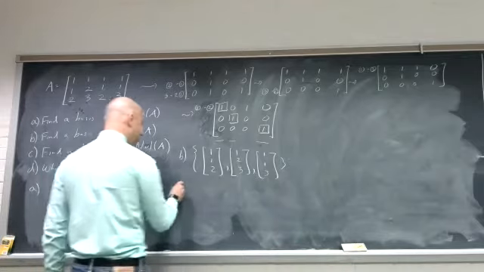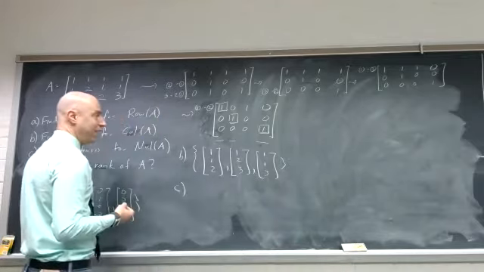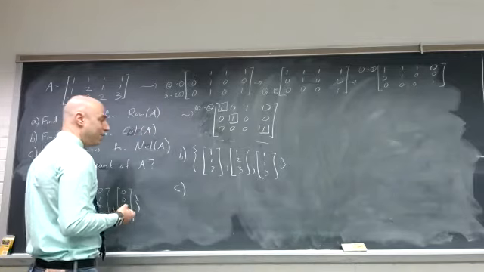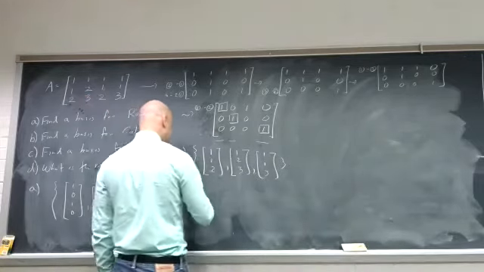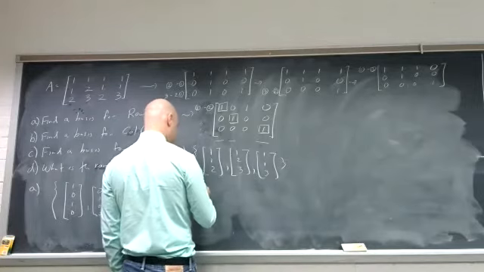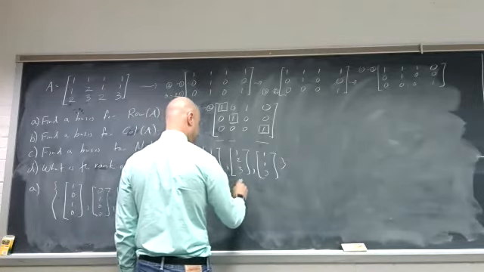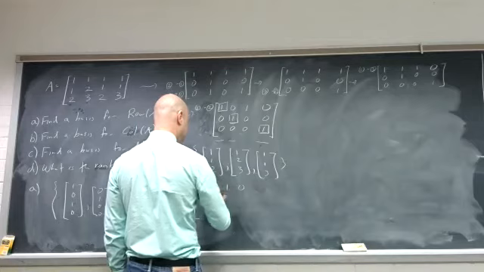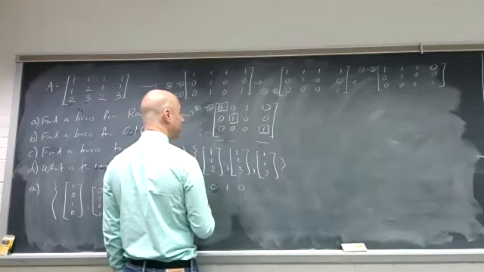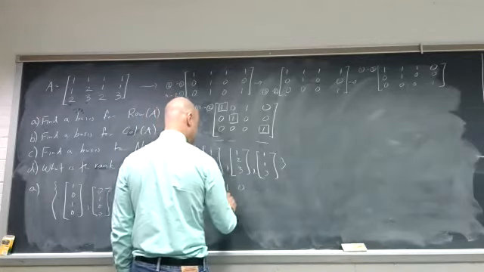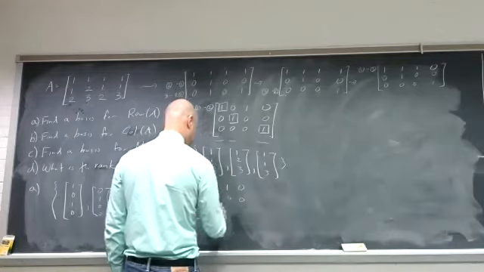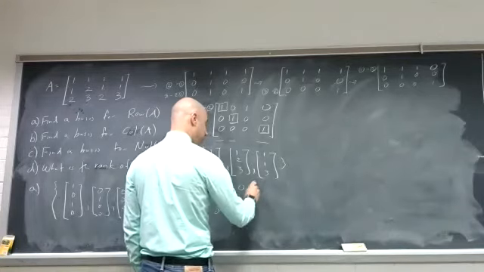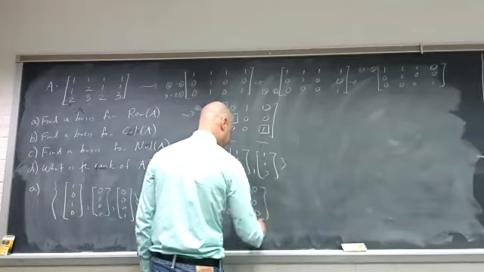So for C, we have to do a little bit more work, but we've done most of the work already. Basically for C, I have my reduced echelon form matrix: 1, 0, 1, 0; 0, 1, 0, 0; 0, 0, 0, 1, and then vertical bar is 0, 0, 0.